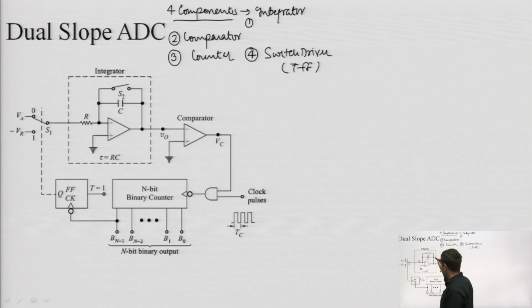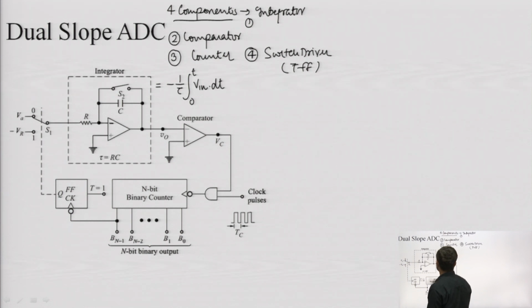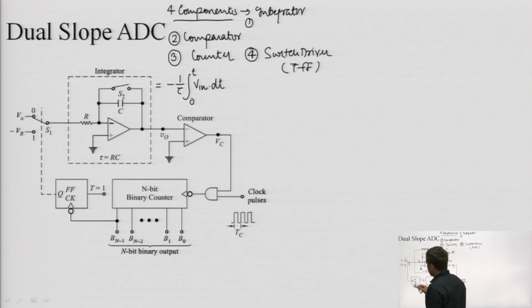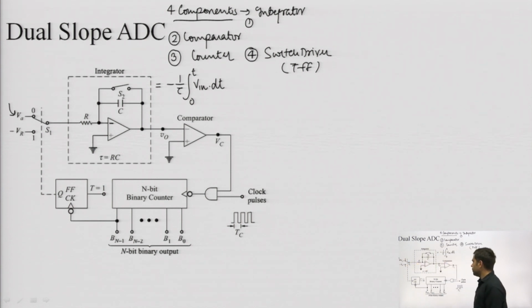Now the output of the integrator, as we can see, there is a negative terminal which is accepting the input. So the output of this integrator will be -1 by tau, integral from 0 to t, of V in into dt. Initially the switch is at position VA, and this VA will be fed into the integrator.